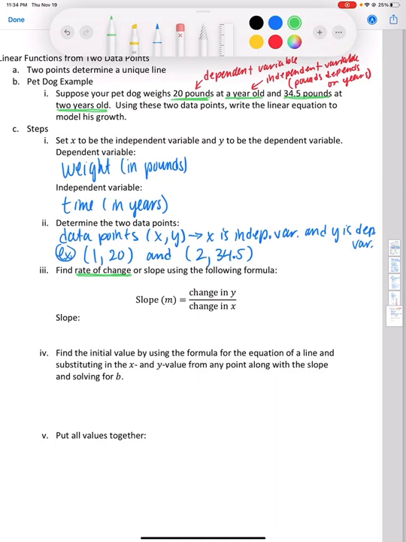So for this case, we have our change in weight divided by the change in years.